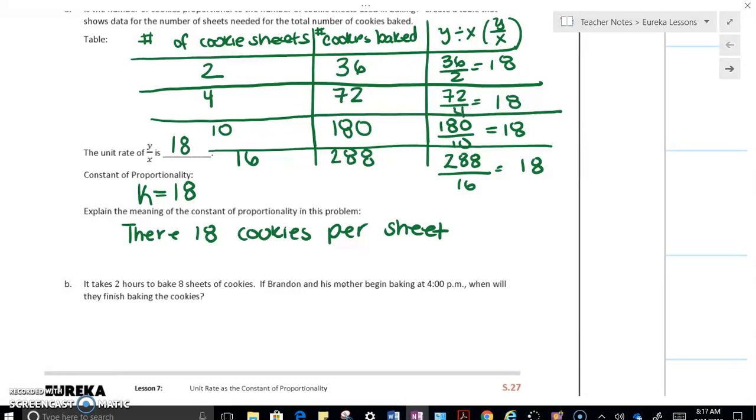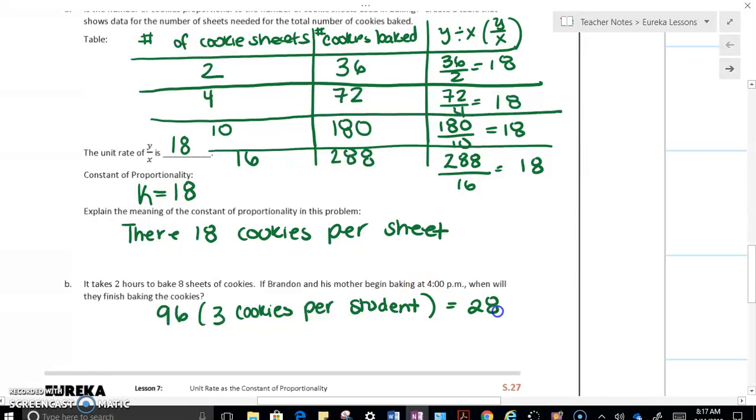Well, we first need to figure out how many cookies we want to make. So there's 96 students. They want to make 3 cookies per student. And it's going to give me 288 cookies.